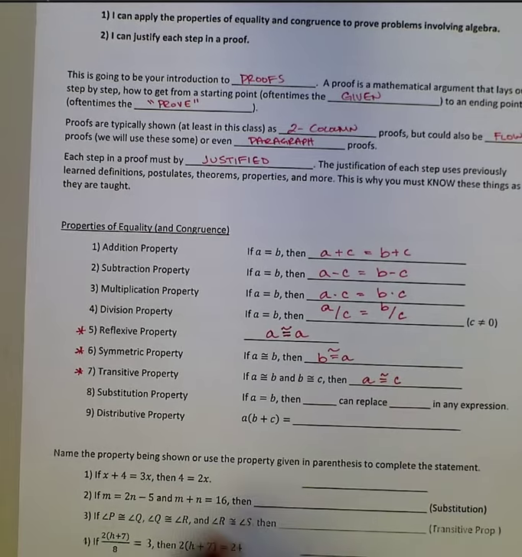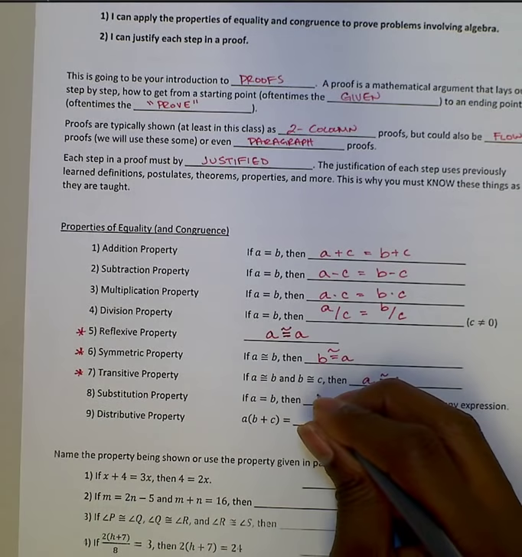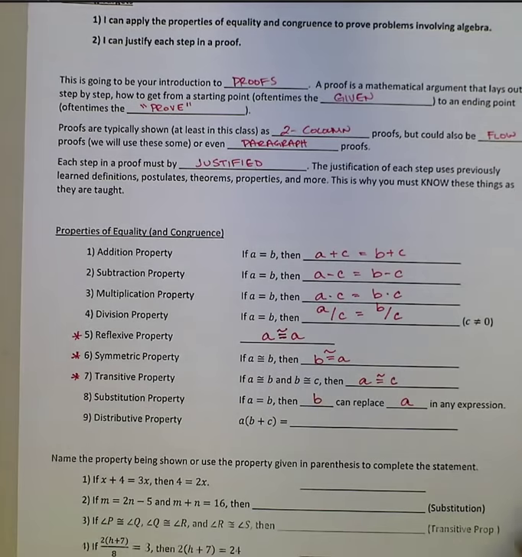Okay, stress these three because those are kind of the new things that you didn't necessarily talk about last year a whole lot, and they are used a good chunk, so you need to make sure you're familiar with those and that you can differentiate between the three of them. Substitution property just says that if A equals B, then B can replace A in any expression, and vice versa, A can replace B in any expression.